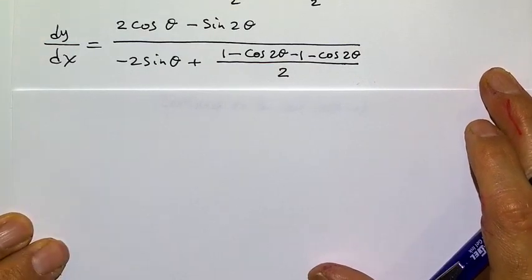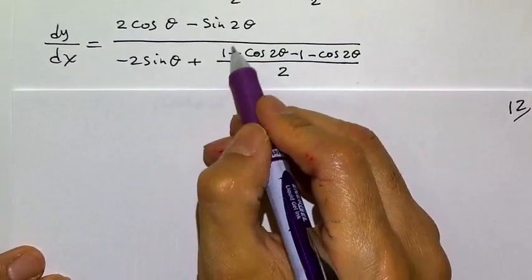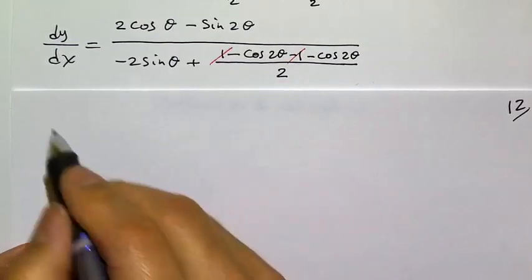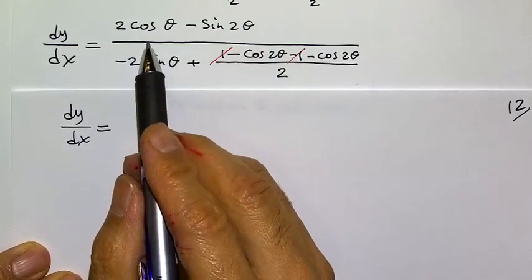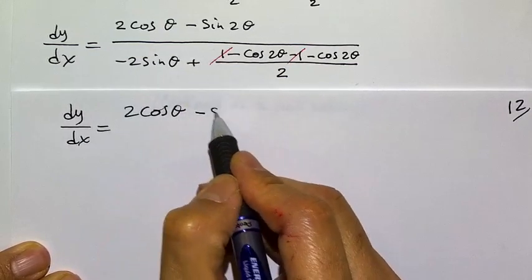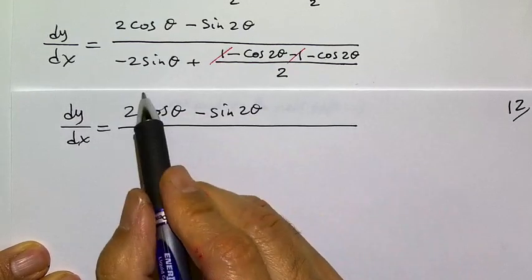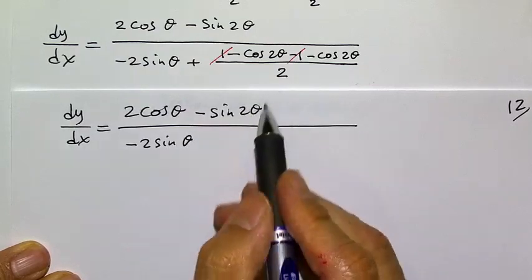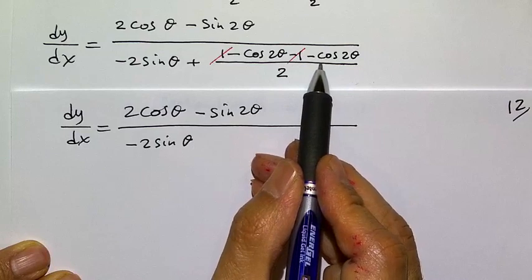Okay. So notice that these two, positive 1 and negative 1, add up to 0. So we will have dy/dx equaling (2 cosine theta minus sine 2 theta) divided by (minus 2 sine theta minus cosine 2 theta minus cosine 2 theta).